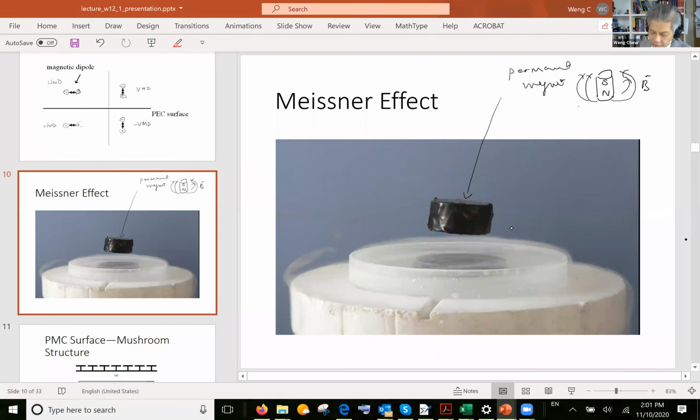And now if you have a perfect electric conductor, which is this one, this is a PEC, and it's also a superconductor. Okay, a superconductor is something that becomes infinitely conductive.